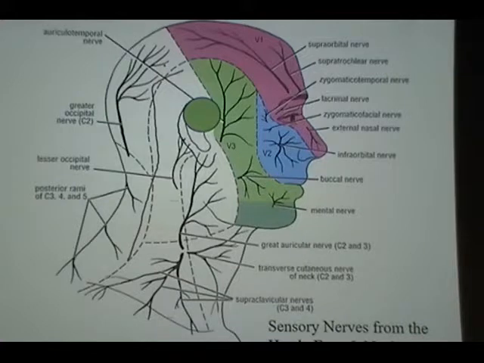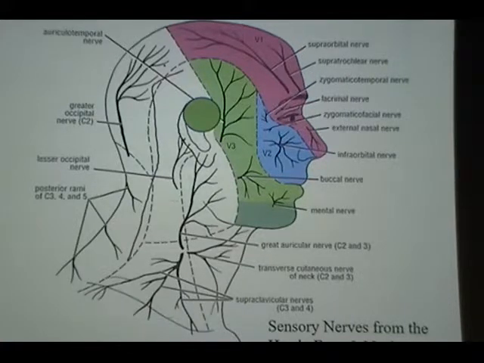Everything in front of that red line comes off of anterior rami of spinal nerves, and that's important to understand once again, that when a spinal nerve branches, it branches into a very long anterior ramus that comes forward as far as the midline of the body, the trunk, in this case the neck, and behind it are posterior rami.